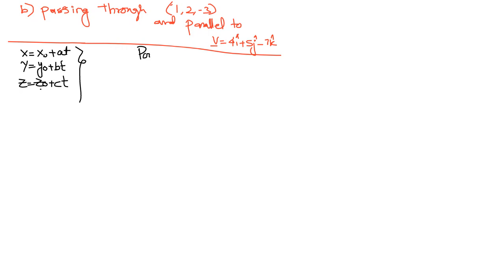The point is given, which is (1, 2, -3). It means x naught is equal to 1, y naught is equal to 2, z naught is equal to -3.